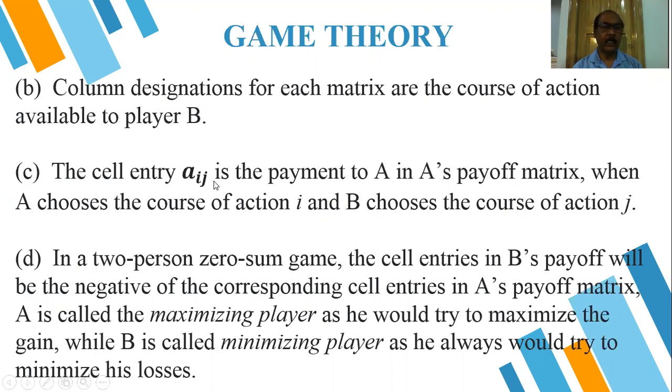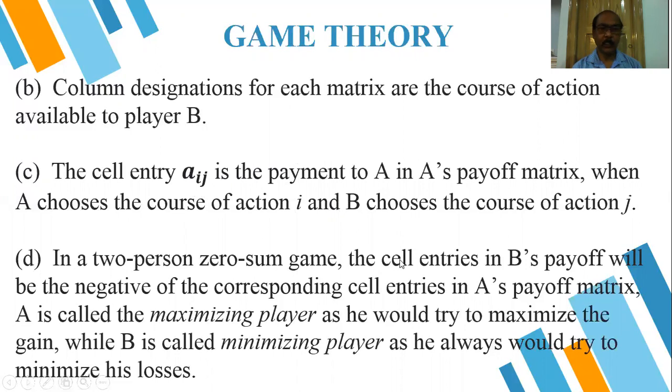That means Aij is the payoff corresponding to the ith course of action chosen by player A and the jth course of action chosen by player B. In this case, if Aij is positive, B has to pay A.